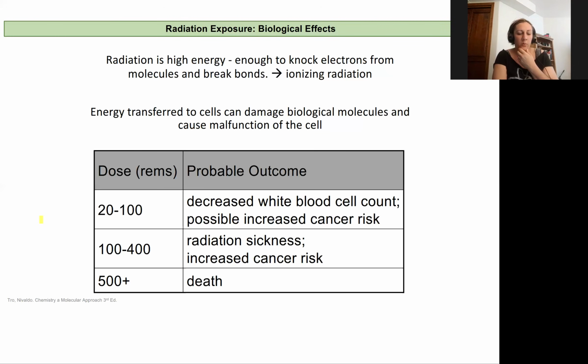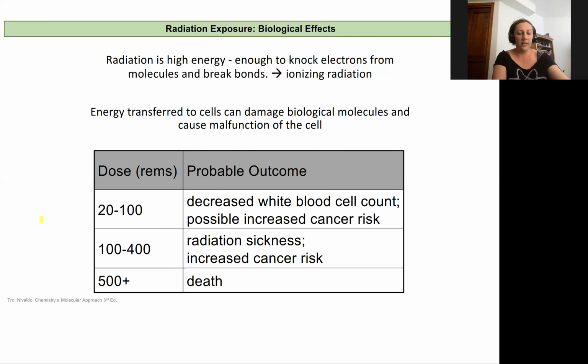And so thinking about our doses in REMs, in an acute exposure, if you had a 20 to 100 REM dose, and remember, all of the ones we were talking about before, when we were going through 5,000 or 1,000, we were talking about millirems, right? So 5,000 millirems is the maximum amount for your exposure if you're working at a nuclear plant.